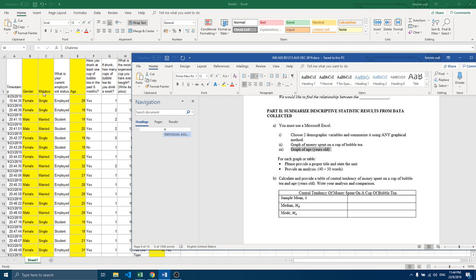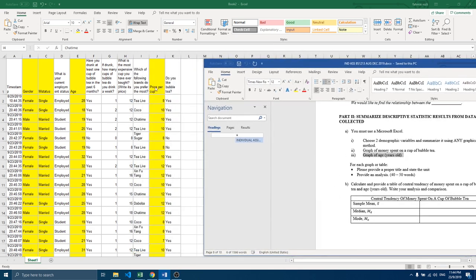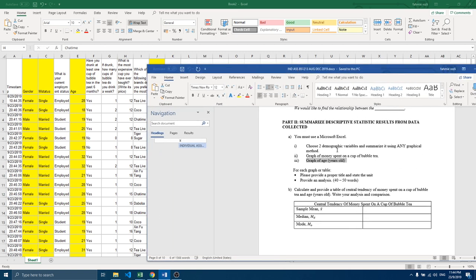This is my option, gender and marital status. For Roman 2, graph of money spent, this is my data, and Roman 3, graph for age, this is my data. Okay, so now how to draw a graph from a demographic variable.